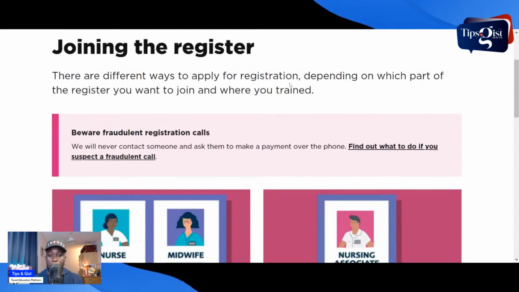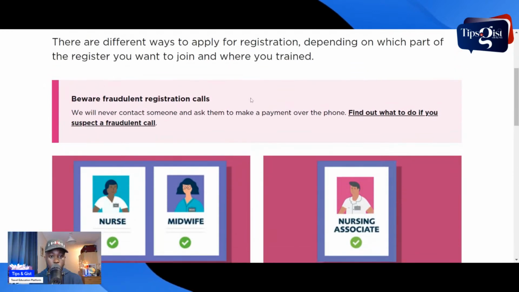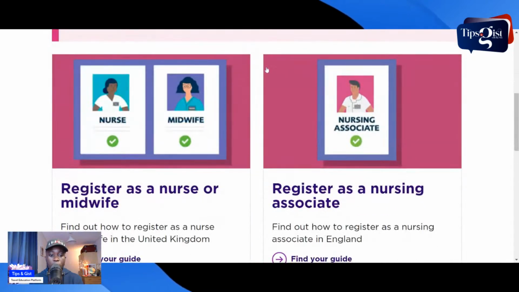There are different ways to apply for registration depending on which part of the register you want to join and where you were trained. All right. So you can register as a nurse, as a midwife, and as a nurse associate. So as I explained yesterday, those who can register as nurses are diploma and degree nurses.